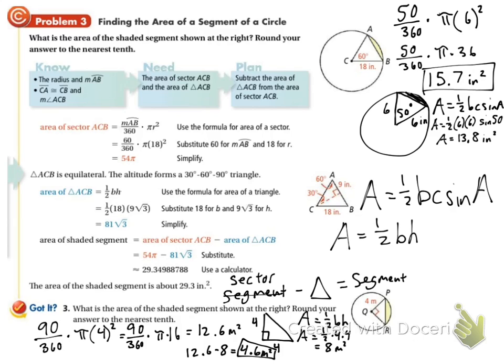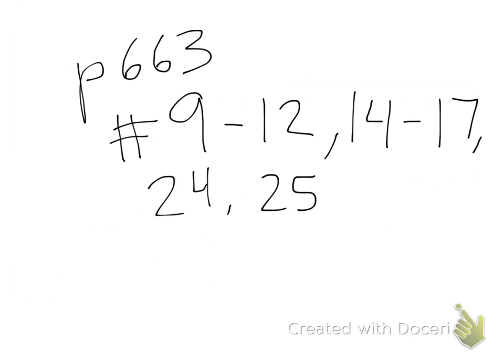And now to find the area of my segment, I'm going to do the sector, 15.7 minus 13.8, that triangle, which gives me 1.9 inches squared. And there's your homework.